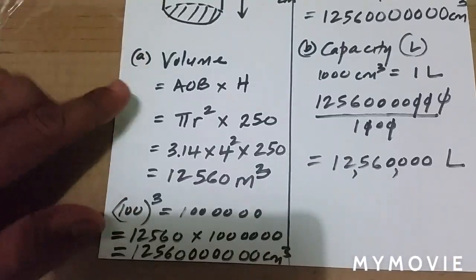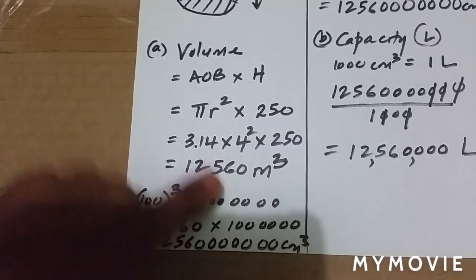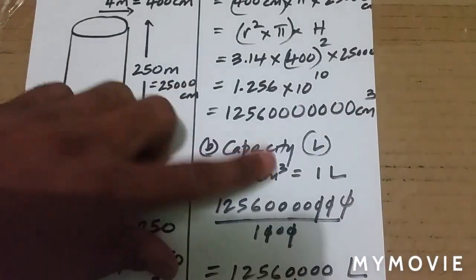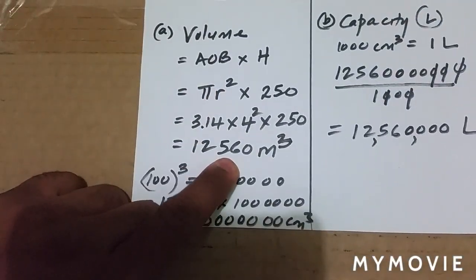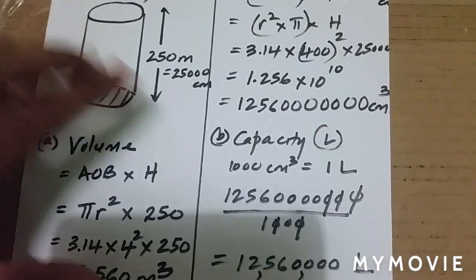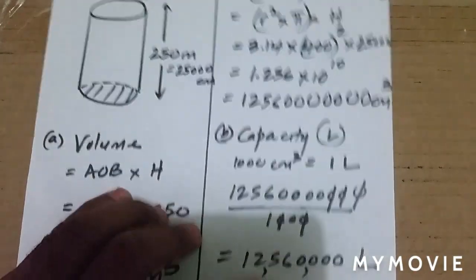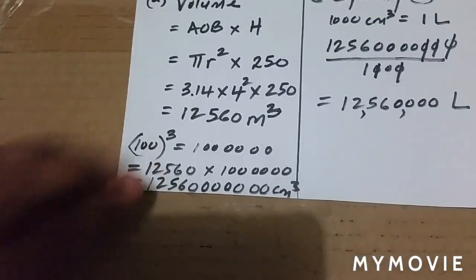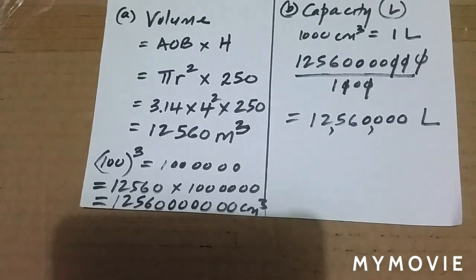Okay, so the answer for part A should have been this. Okay, should have been this. And they want the capacity in liters, so you'd have to convert the original answer in meter cube to cm cube, okay, and then determine the liter value. Or you could have just moved from meter cube to liters if you know that conversion as well.